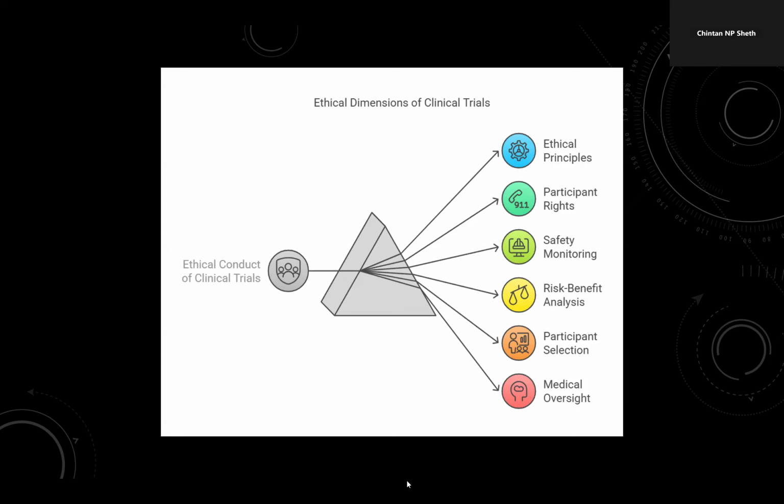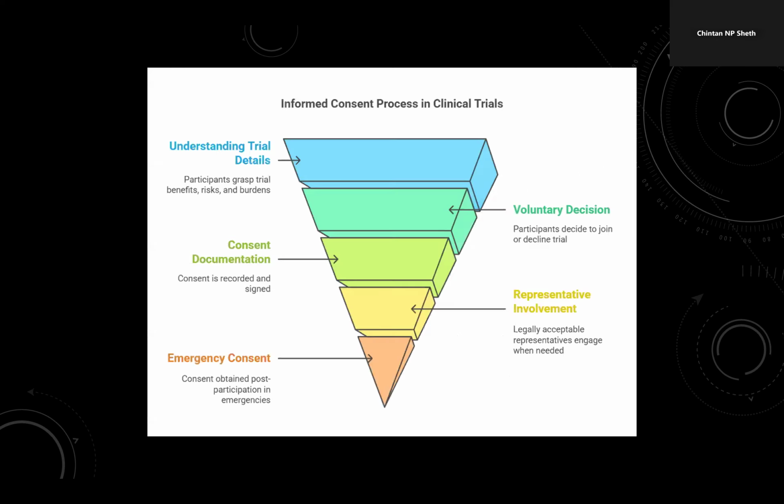However, practical interactions and delivery of the medical care and the decisions can be carried out by appropriately qualified healthcare professionals. Now let's move on and see the second principle of ICH GCP E6 R3, that is the informed consent process.